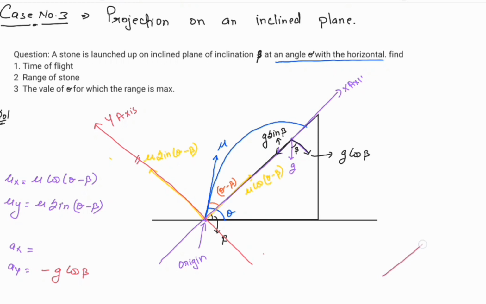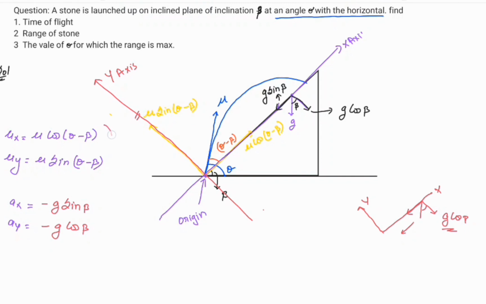This is your y-axis component, and this is your x-axis component. The x-axis component is downward, showing negative x, so I will take it as minus g sine of beta. Only you need to calculate these four values. The rest of the thing is going to be very easy.